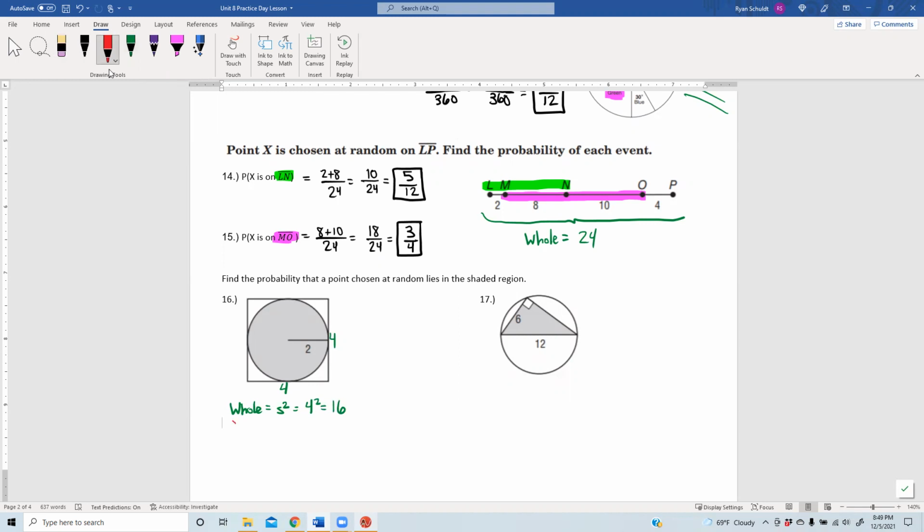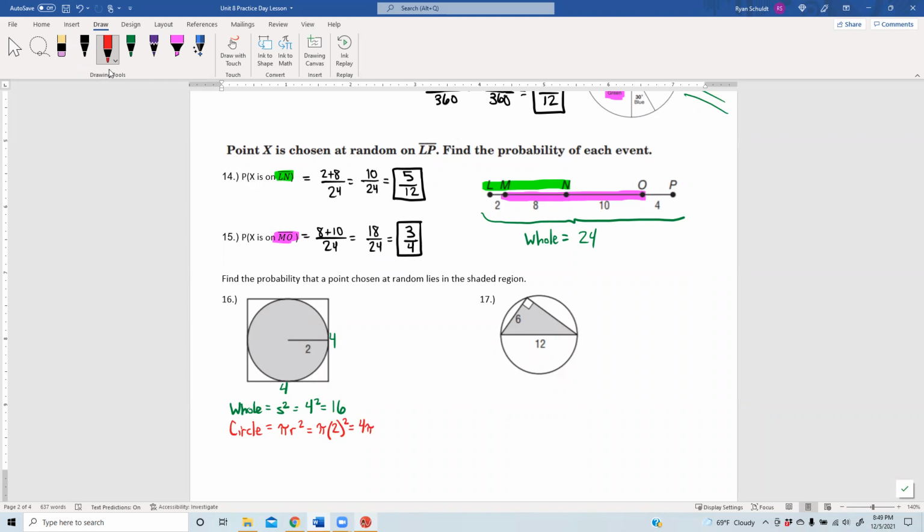The circle that we want, the shaded area, remember, we do pi r squared. So pi times 2 squared, or 4 pi.